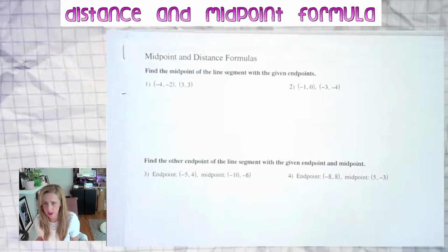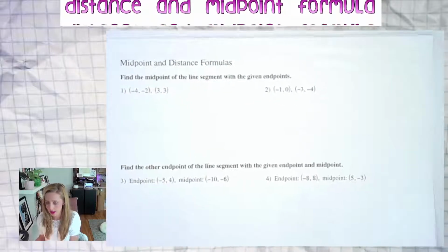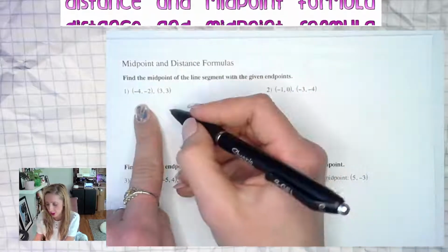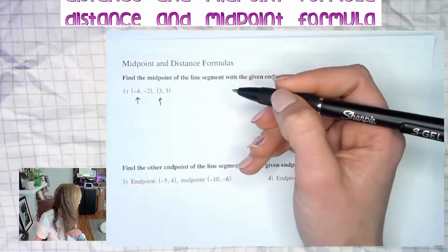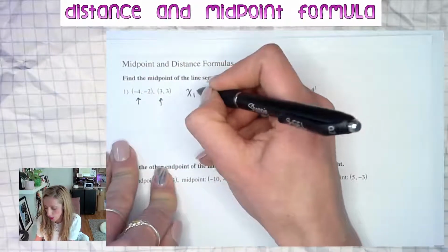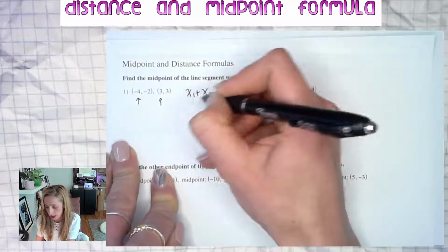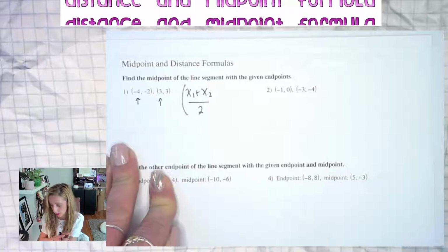Let's check it out. Find the midpoint of the given line segment with the given endpoint. So if we did number 1 together, how exactly do we model this formula? Shh, sorry, my dog's making noise. We're going to do x1 plus x2, add them together, and divide by 2. That gives you the x coordinate.